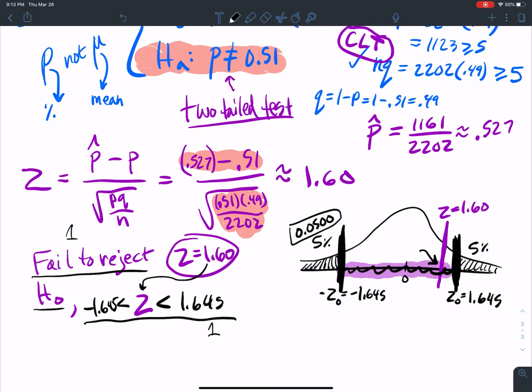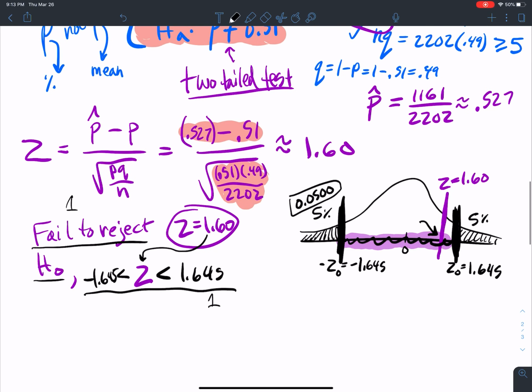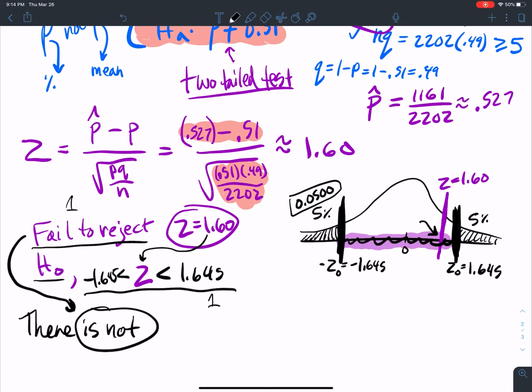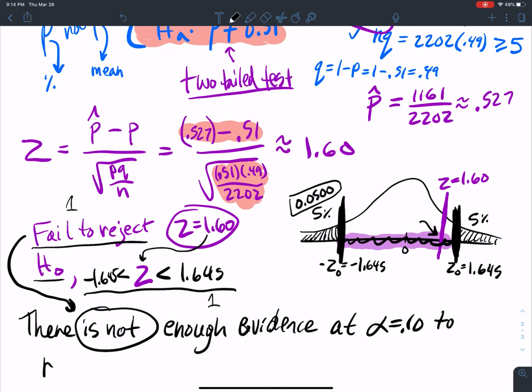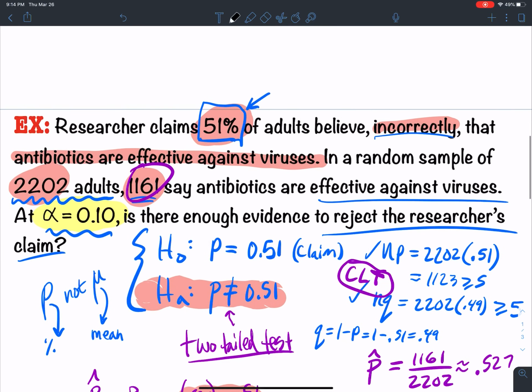So how do I write this? I say there is not. Why do I say there is not? Because it's fail to reject. Fail to reject tells me there is not enough information. So there's not enough evidence at alpha equal to 0.10 to reject. Why do I use reject here? Reject is used because the claim is the H0.